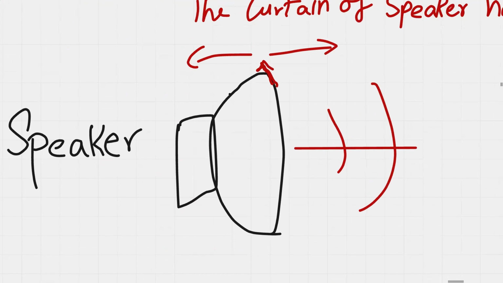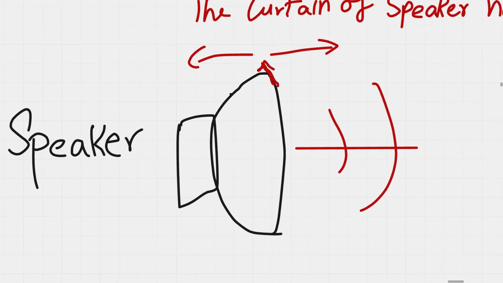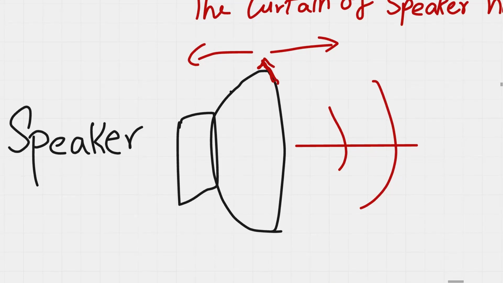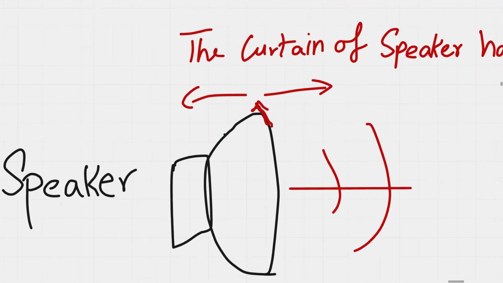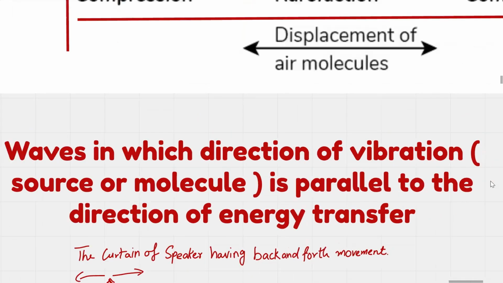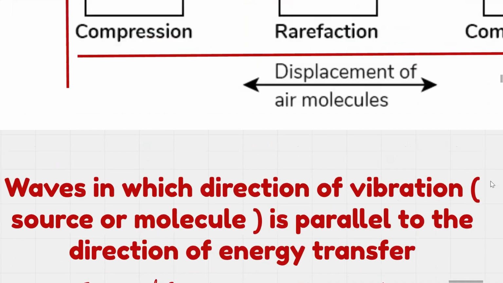As you can see, this is a speaker, and when it's turned on and music is being played, just test it by putting your hand above it, and the thin curtain of the speaker is moving back and forth, forward and backward. This is what shows that the source vibration is parallel to the direction of energy transfer.